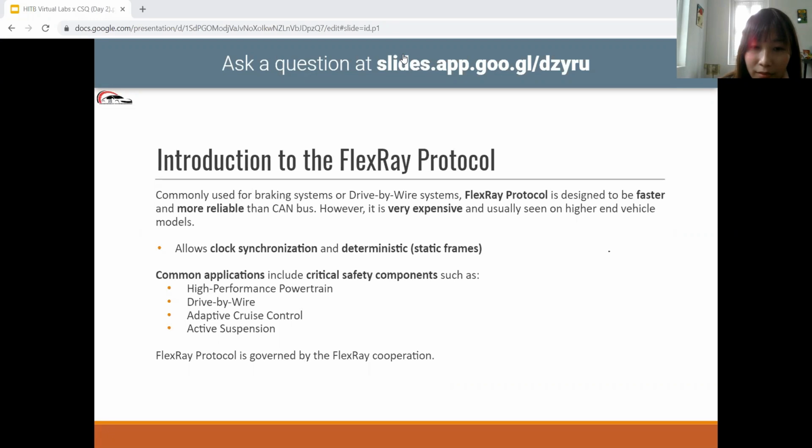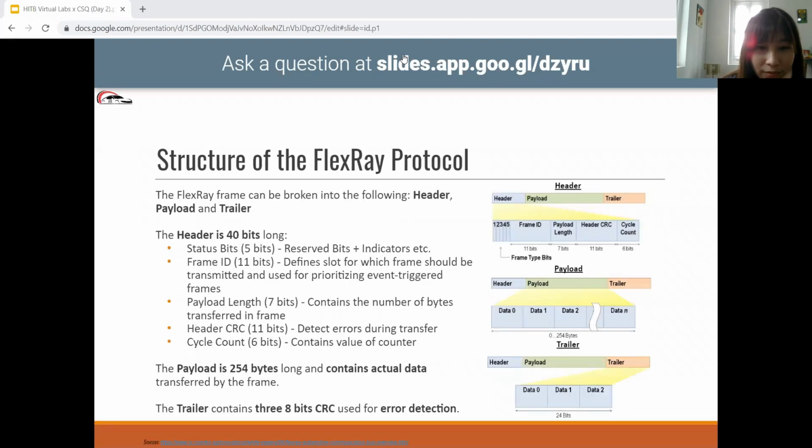The common application for the FlexRay protocol is in critical safety components such as the powertrain, drive-by-wire, ACC, adaptive cruise control, and the suspension. So this is how the FlexRay frame looks like. It contains header, payload, and trailer.